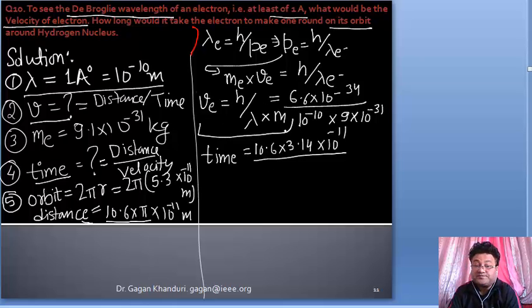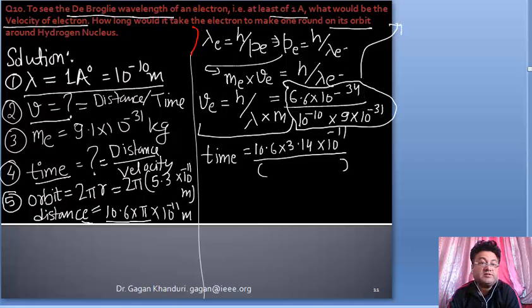Whatever we get from this velocity calculation has to come down here, right? So we will calculate it first. I will change the color now. I'll take yellow color. So we have velocity equals 6.6 into 10 raised to power minus 34, over 10 raised to power minus 10 and 10 raised to power minus 31.